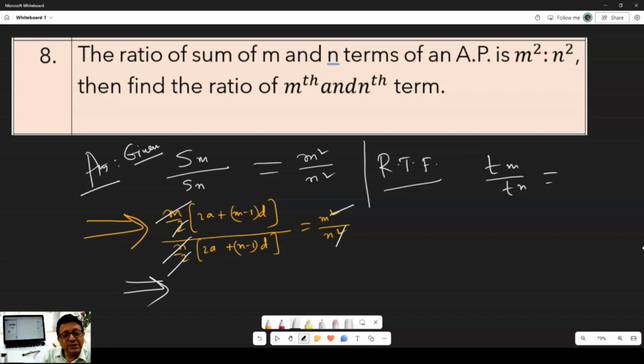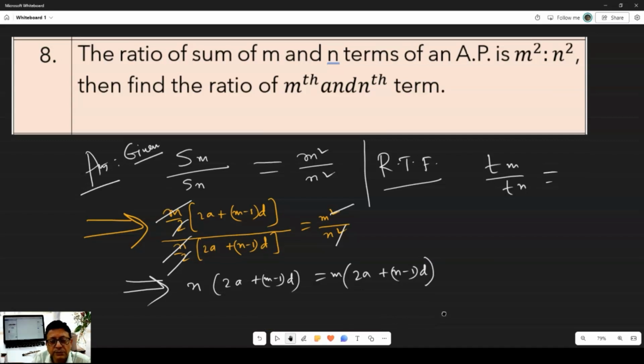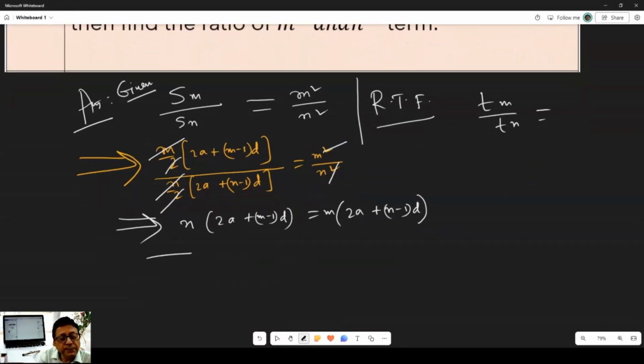So what is left over there? n into, cross multiply, twice a plus m minus 1 d, equals m into twice a plus n minus 1 into d. Am I correct? You have understood? So this implies 2n minus 2m into a.